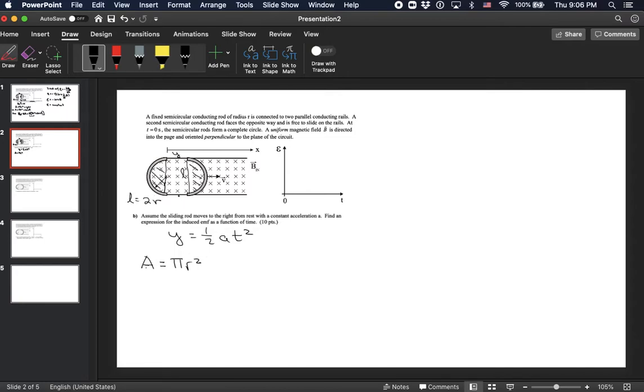So I'm going to have pi r squared plus y times L. Let me rewrite that. Area is equal to pi r squared plus, I'm going to plug in 1/2 a t squared times 2r. Now my 2's cancel, so I get r times a times t squared.